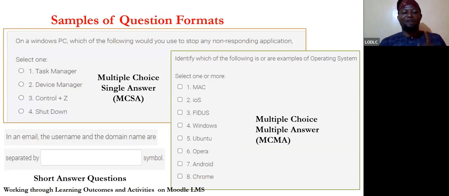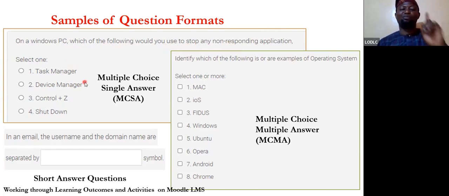So these are samples of the question formats that we are talking about. Look at the first one. We have multiple choice, single answer. This entails that students are allowed to pick just one option. Look at it: on a Windows PC, which of the following will you use to stop any non-responding application? Select one.